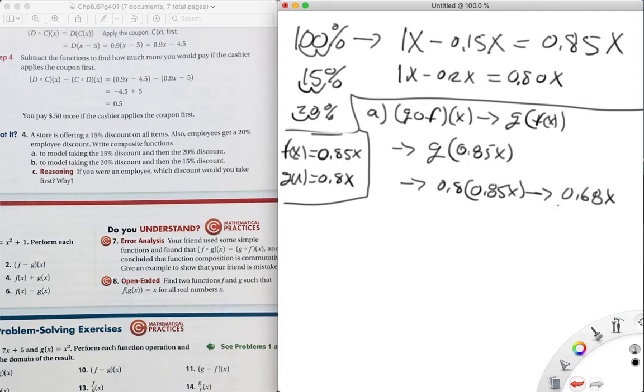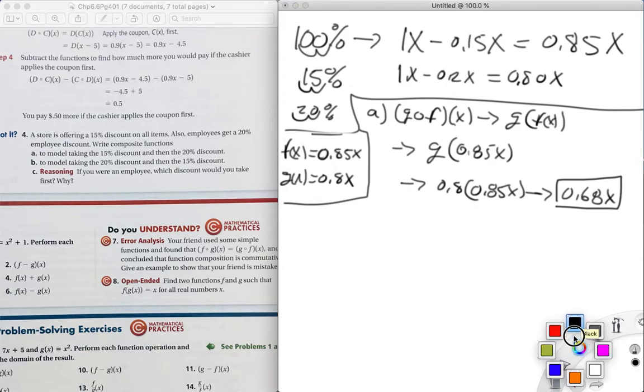So you're going to end up paying 68% with those double discounts, which means you end up having 32% off.